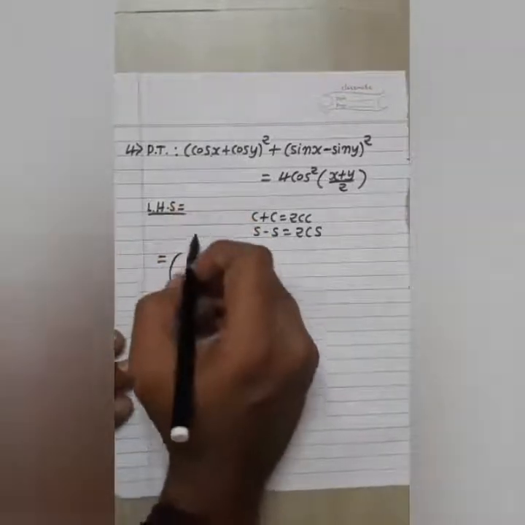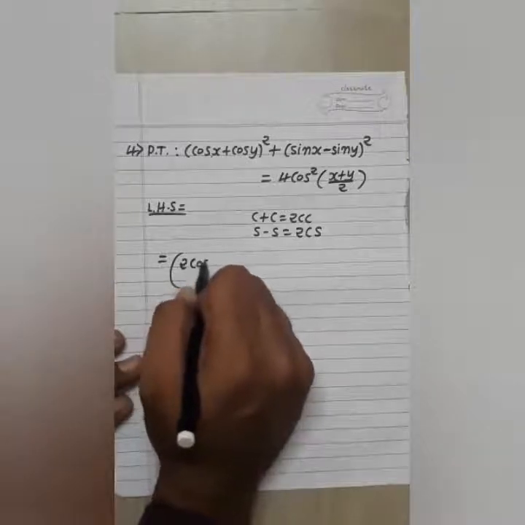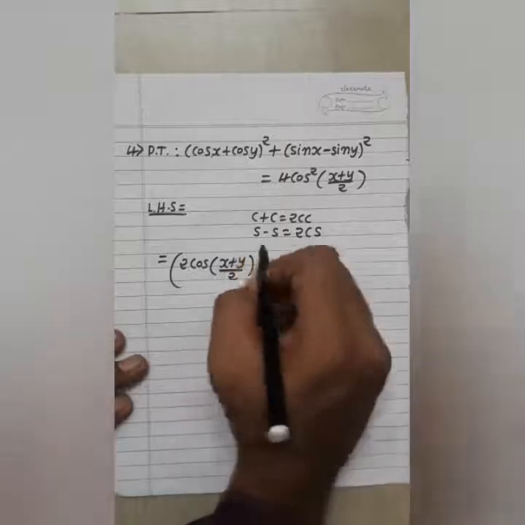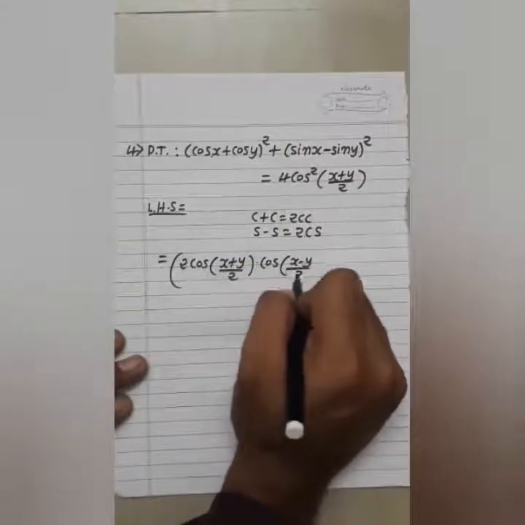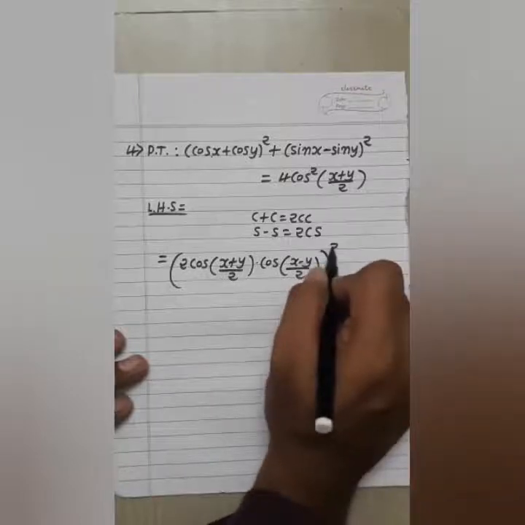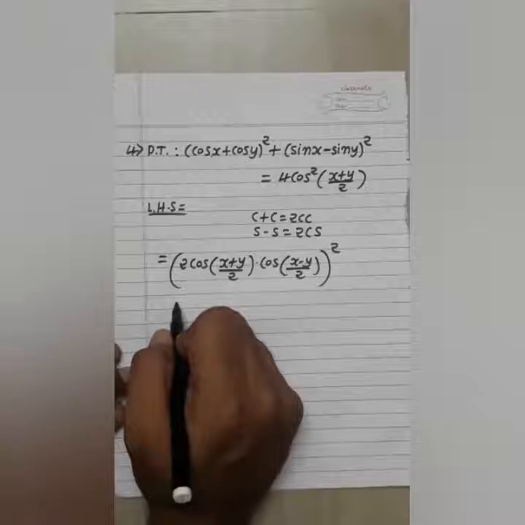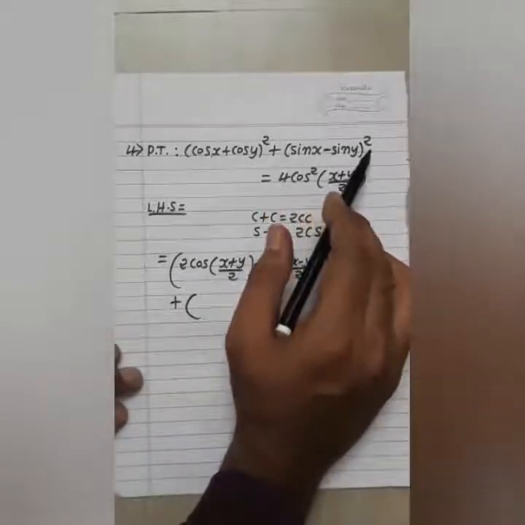So here we can write 2 times cos x plus y divided by 2 into cos x minus y divided by 2, and whole square is present, so write here whole square, plus in the second term, sin x minus sin y whole square.